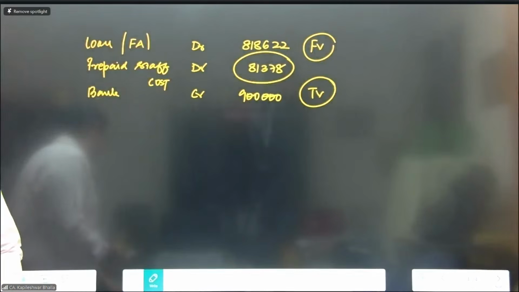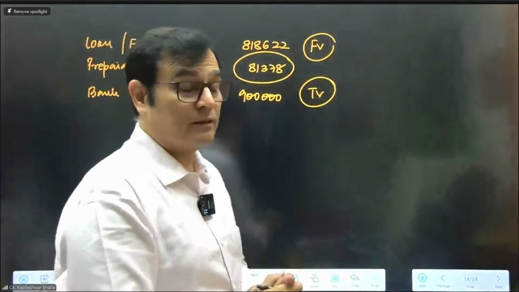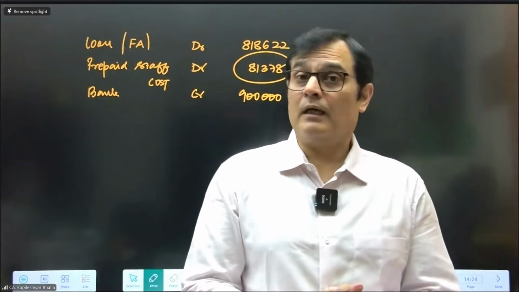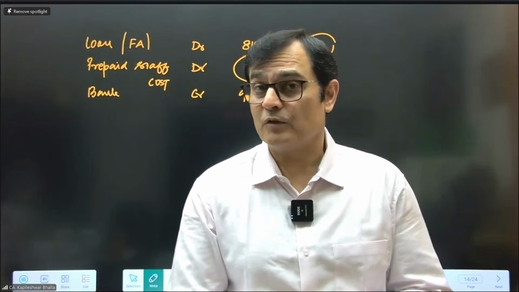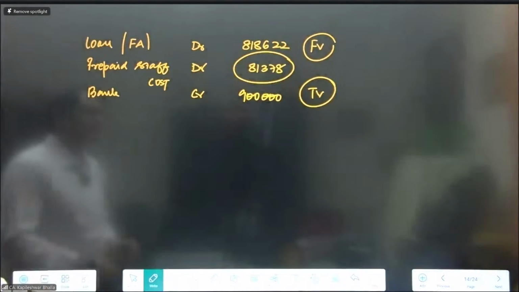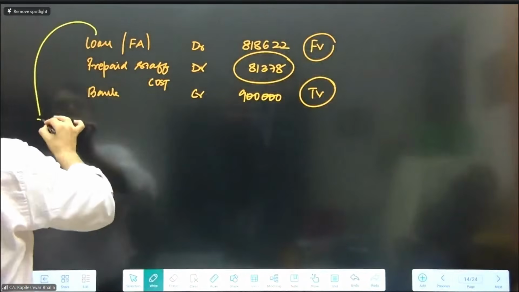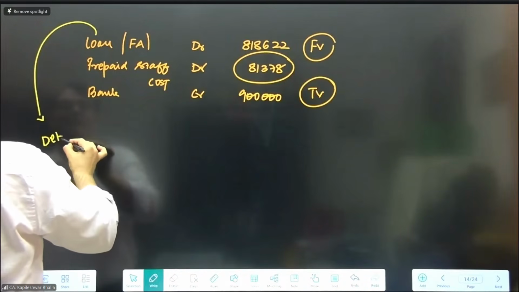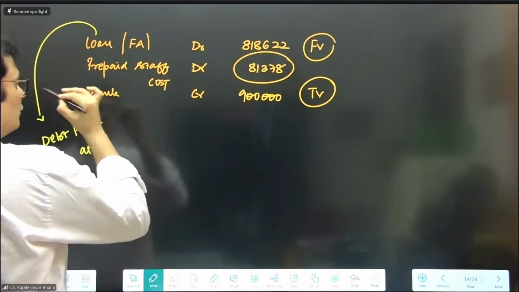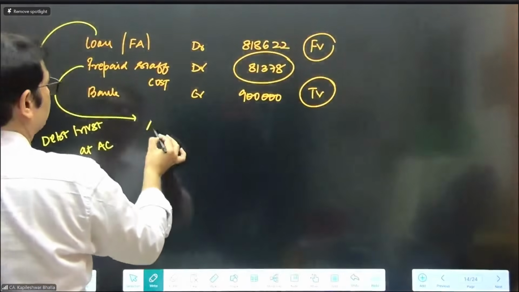Okay, I think same questions back to you once again. Are you going to make this loan account at a debt investment AC? Are you going to amortize the prepaid staff cost on a straight line 3 years?